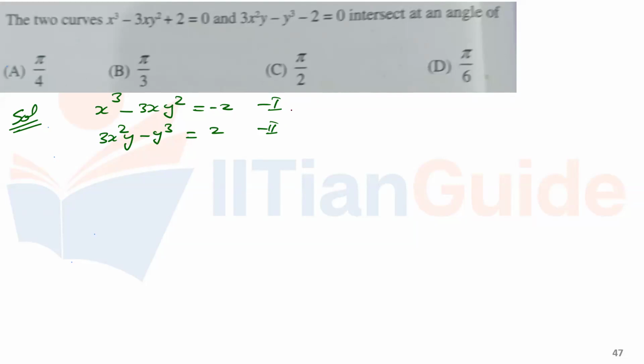आई एम सॉल्विंग 1 and 2. जस्ट डू फर्स्ट प्लस सेकंड. डायरेक्टली लिख रहा हूं. When you do first plus second, okay, you will get x cube minus 3x square y plus 3x square minus y is equal to 0. Basically x and y are equal. You will get this.